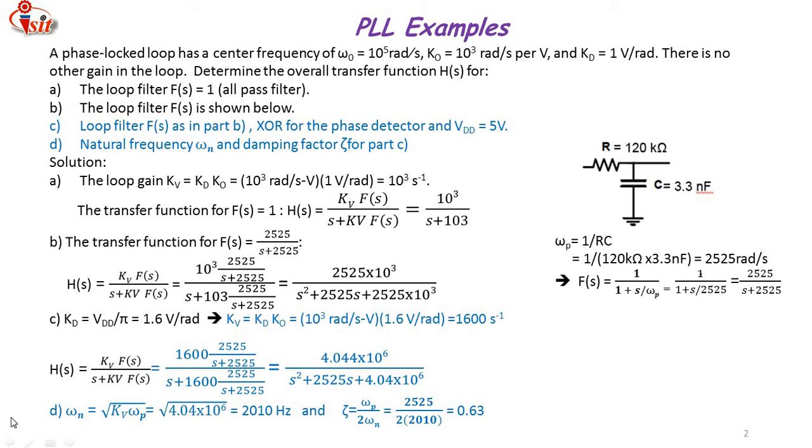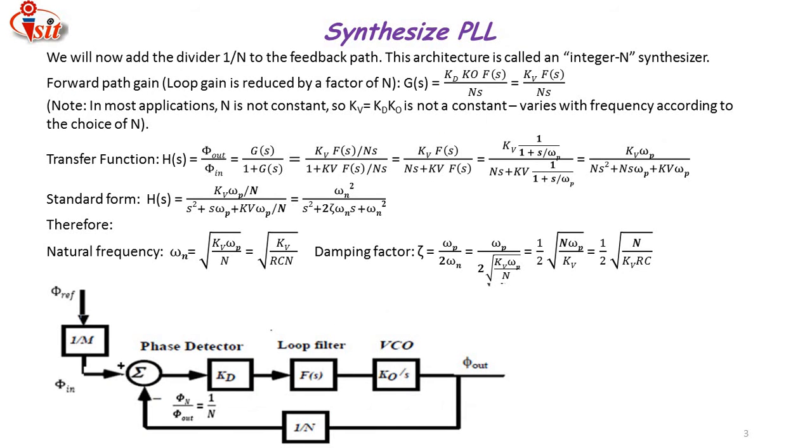Part D is related to omega n, which is equal to the square root of Kv omega p, the square root of 4.04 multiplied by 10 raised to 6, equal to 2010 hertz, and the damping factor is equal to omega p divided by 2 omega n, equal to 2525 divided by 2 into 2010, equal to 0.63.